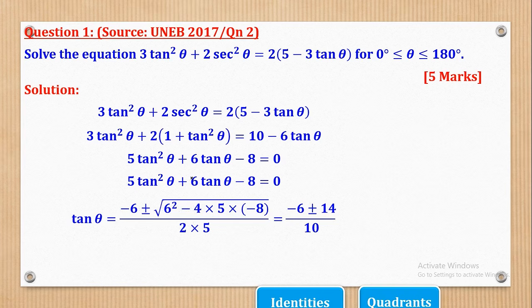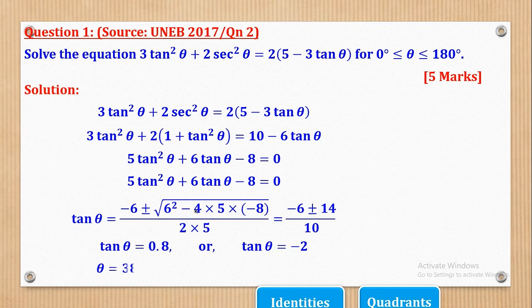So negative b, so b is positive 6, meaning that negative b will be negative 6. Then here this is b squared and this is 4 times a, where a is 5 and c is negative 8, over 2a, where a is 5. So when I simplify, I come up with two values of tan theta. One value will be 0.8 and another value will be negative 2.